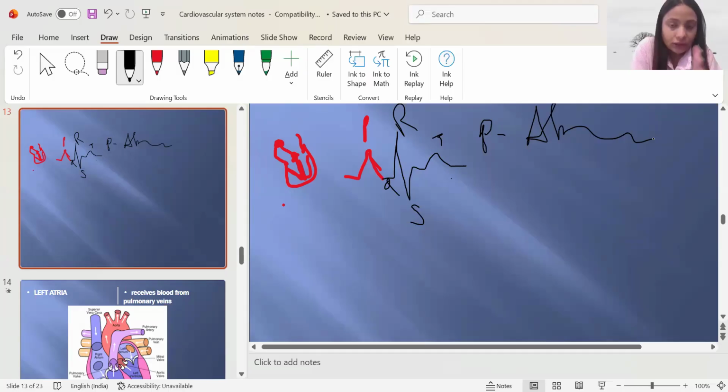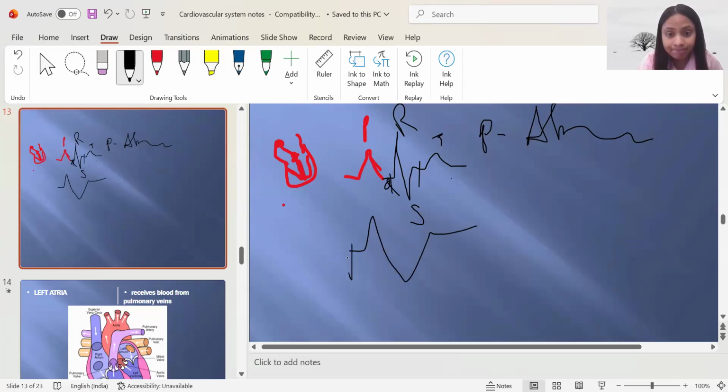If I see any distortion on my P wave, it means my atriums are not working fine. Next comes your QRS. The QRS complex denotes my ventricle contractions, how well my ventricles are getting contracted. If I see that the PQRS are very wide, initially it was so short, now they are wide.